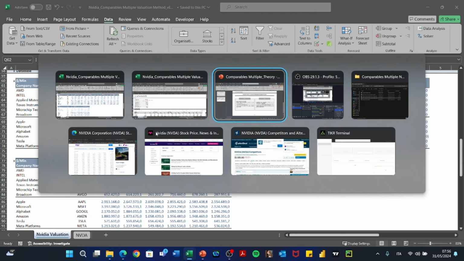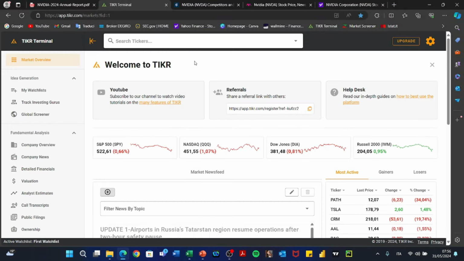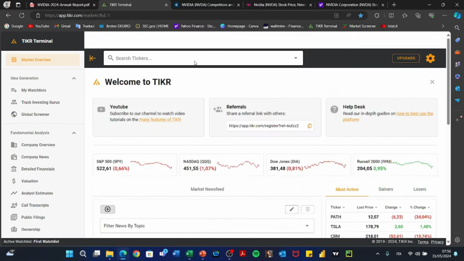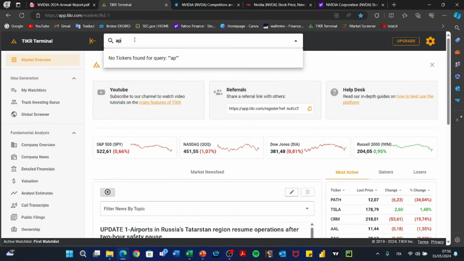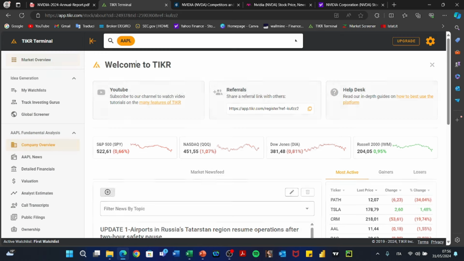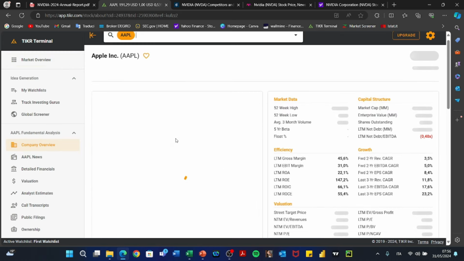Otherwise, I recommend you to use this terminal. This is not an ad, so I'm not paid by this terminal, but here you can find all the information I've collected and you have seen on the Excel for free.